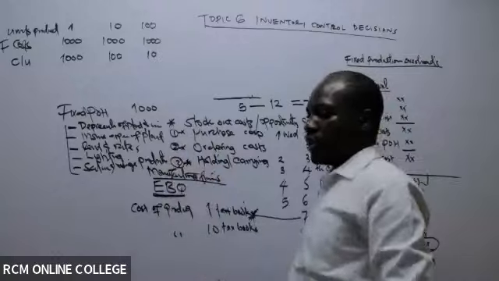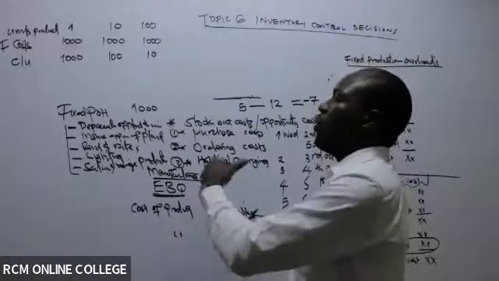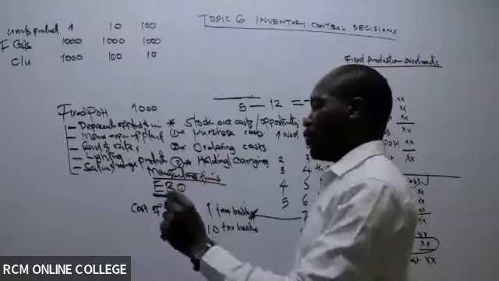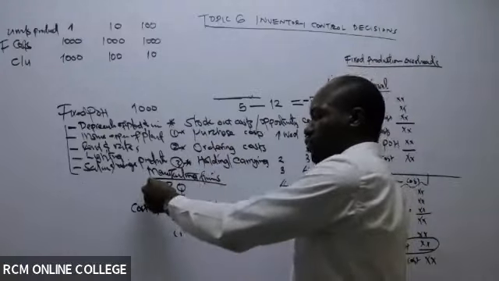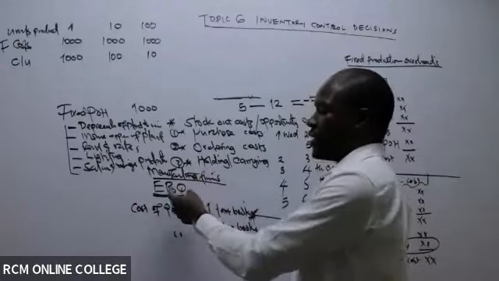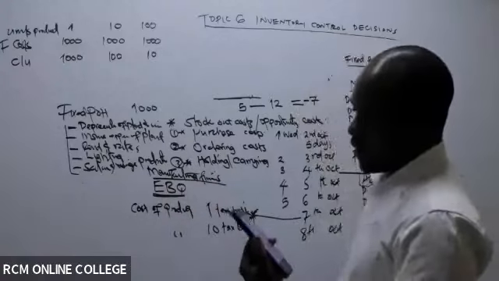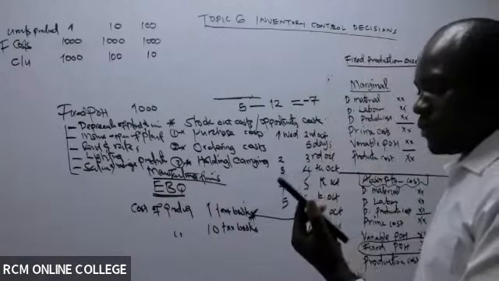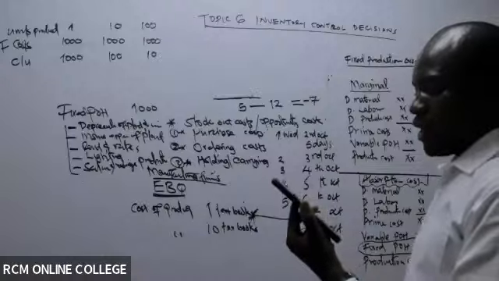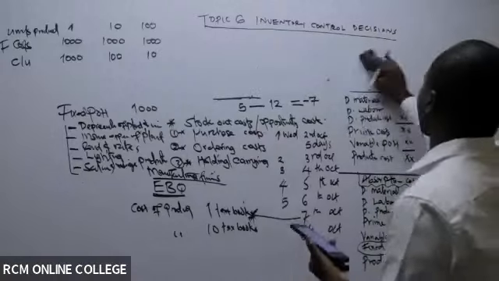How many units should I produce per production so that I minimize on the production cost? Those units will give us the economic batch quantity. Good. So I believe that explanation is enough for us to be able to handle an illustration.